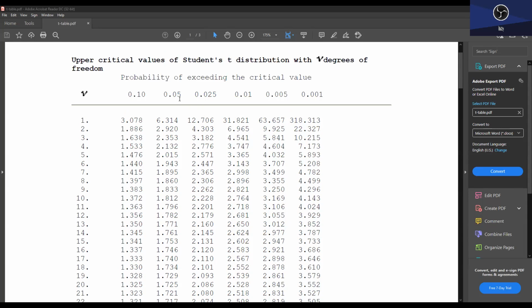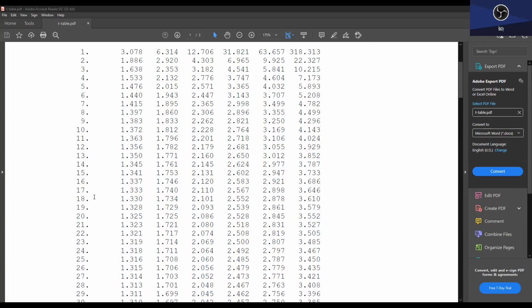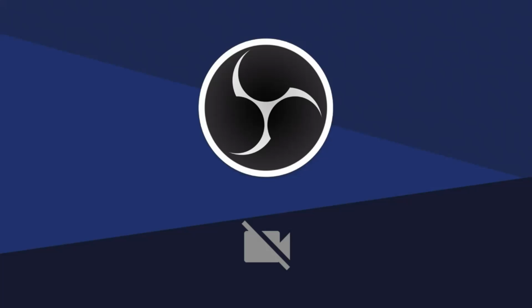Remember, the alpha is 0.05, so the second column, and degrees of freedom is 17, this row. What we've got, let me write it down on my report, is 1.740. That's my t-score. Okay, back to the pad.